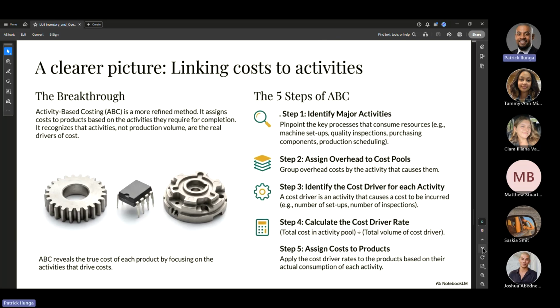I think I owe you a very good example. For example, we have inspections that we're doing for our product. Instead of saying, let's look at the volume or the number of hours the inspections will take, we can look at the number of inspections, because that would be more activity-based.